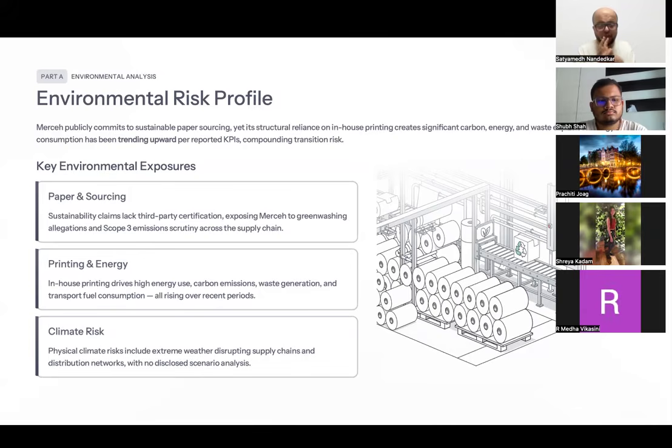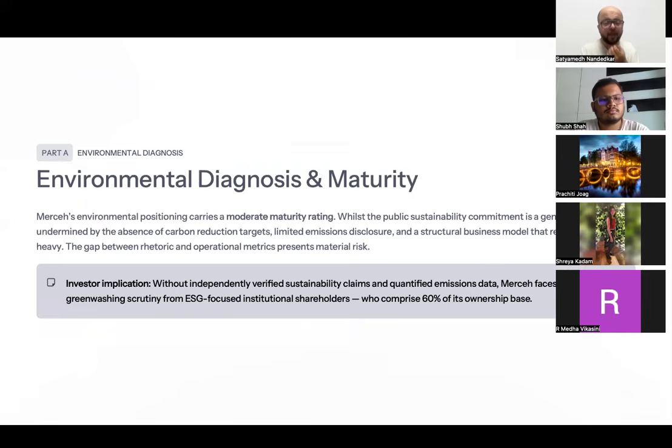The energy consumption, because when you're operating the print business, the energy consumption tends to be pretty high. So that part does play a critical role, and the climate risk, which has a potential to disrupt the supply chain and distribution network.